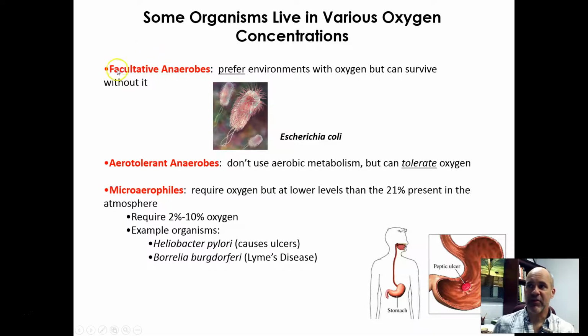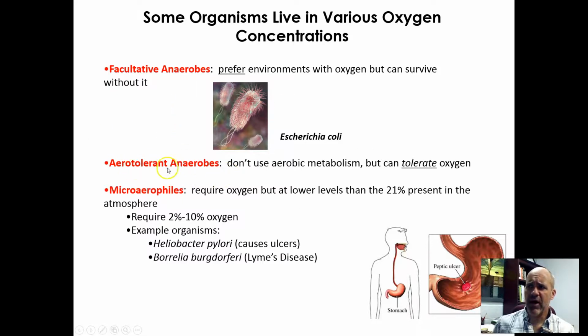Facultative is telling you what it can do as an alternative lifestyle. A good example is E. coli, Escherichia coli. That's a facultative anaerobe. It would prefer to have oxygen gas so it can do cellular respiration and make its ATP. But if oxygen gas is not around, it's still capable of surviving in the absence of it.